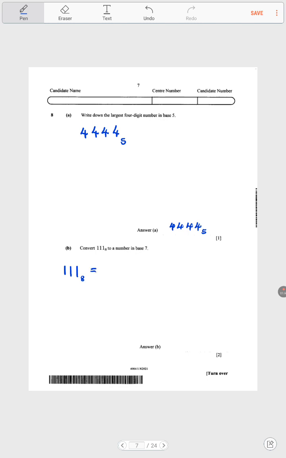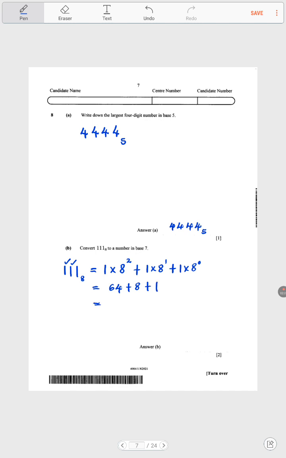So you're going to write it like this: 1 times 8 to the power 2, which is for this one, and then 1 times 8 to the power 1, which is for this one, and then 1 times 8 to the power 0. Here you're going to get 64 plus 8 plus 1.